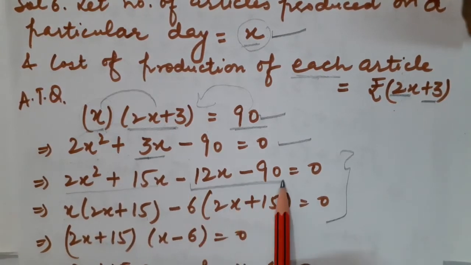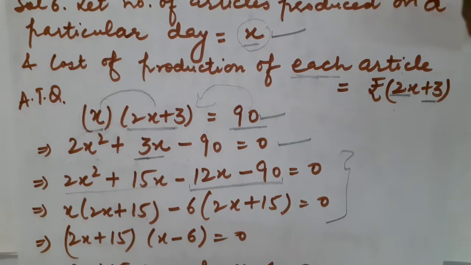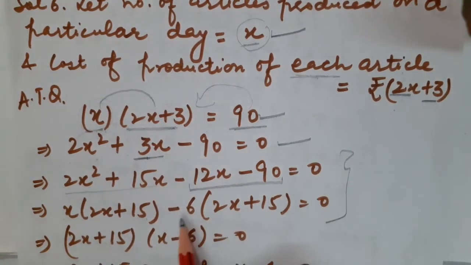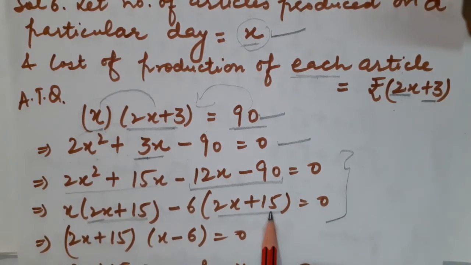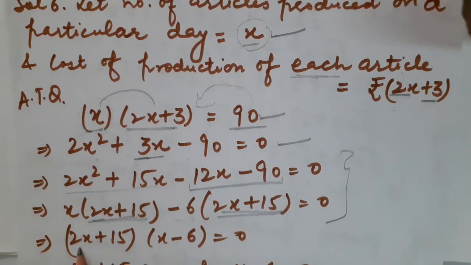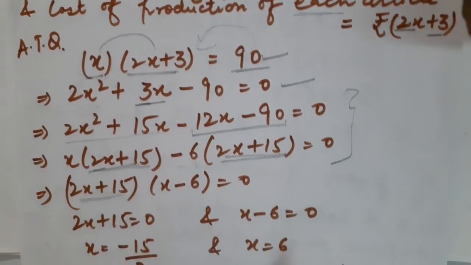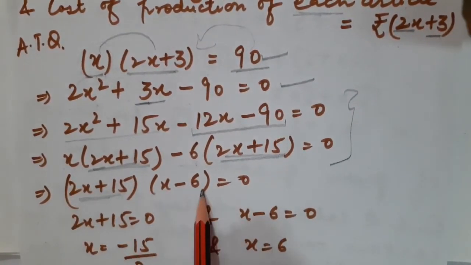From here, what value can you take as common? The maximum number, I can take minus 6 as common. One more thing I have to keep in mind, that I also want the same expression here also, right? So definitely after taking minus 6 as common, it would become 2x plus 15 inside the bracket. Again, the common factor will be written once only with x minus 6.